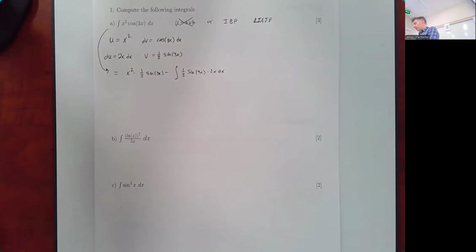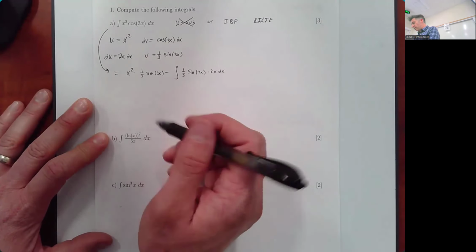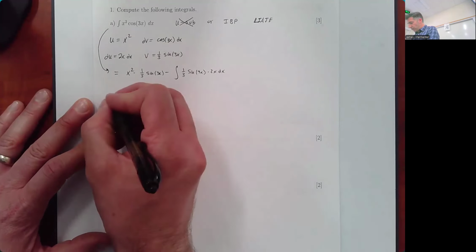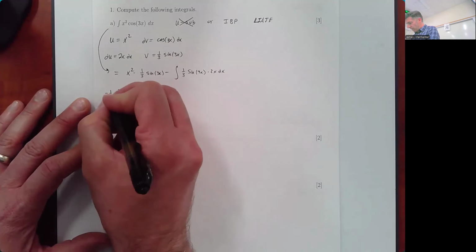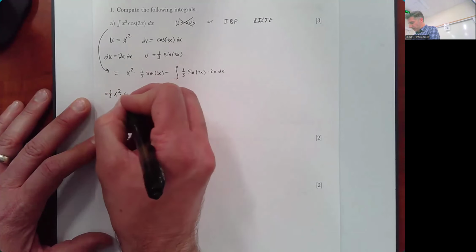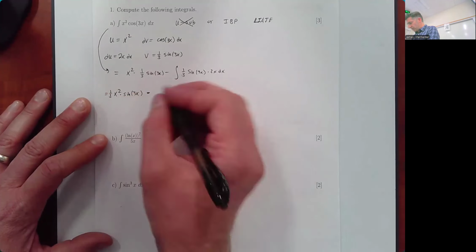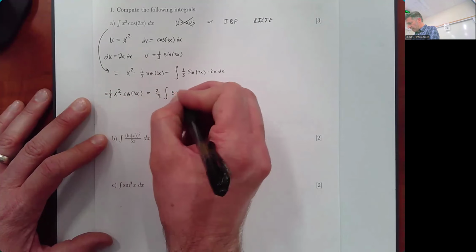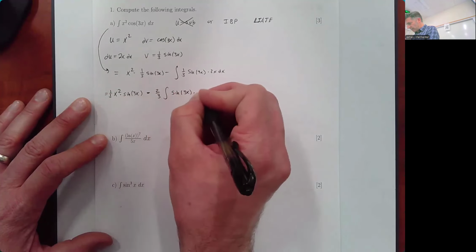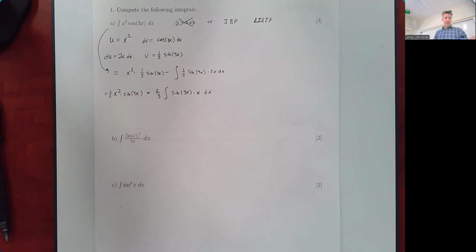Typically I would do this by pulling out any coefficients. So I'm going to write it as 1/3 times x squared times sine of 3x, minus, I'm going to bring out the 1/3 times 2 as a 2/3 integral of sine of 3x times x dx. And now we're going to do integration by parts again.